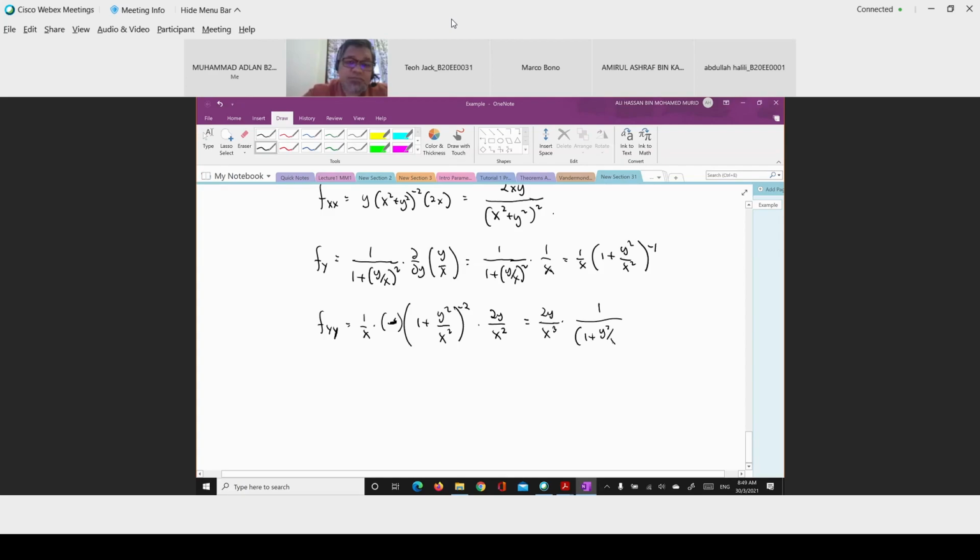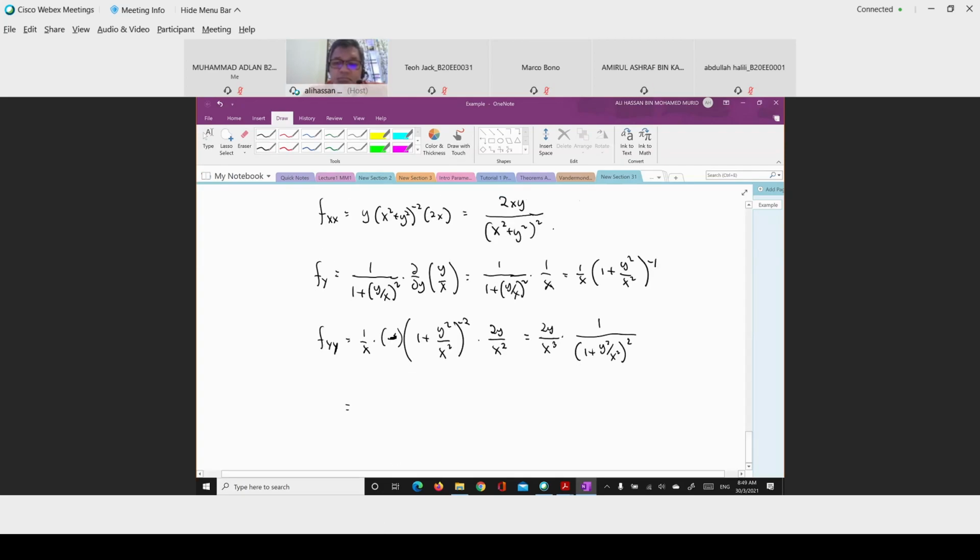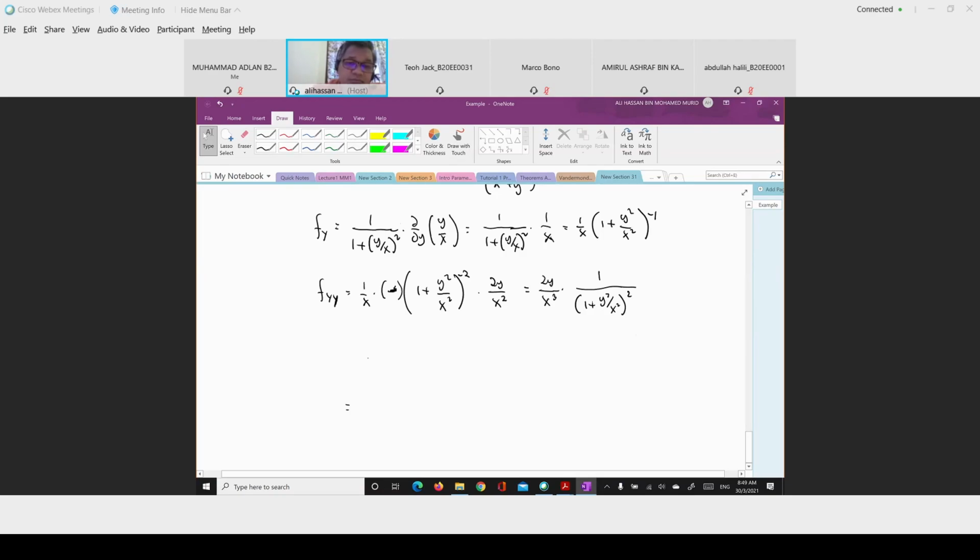Can we simplify that? What do we get if we simplify that? After the negative sign. Oh yeah, there's a minus sign there. That's right. Minus, yes. Thank you very much.